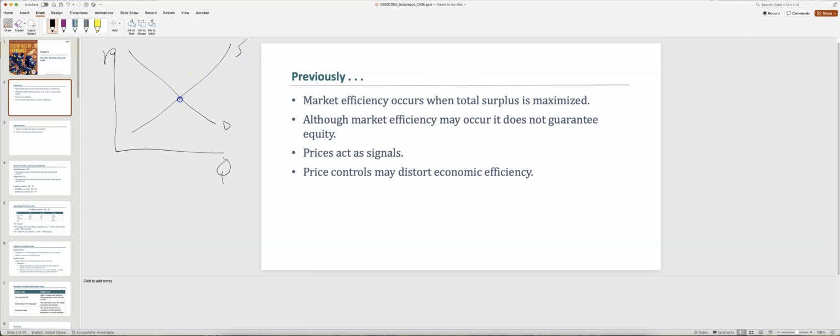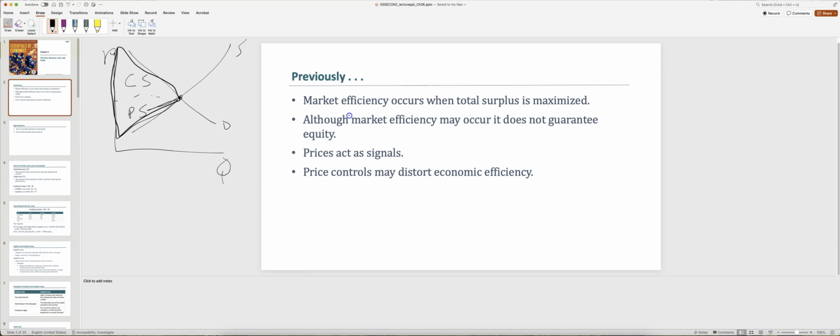that market efficiency occurs at the equilibrium point, and that at that equilibrium point, the area of consumer surplus and producer surplus is maximized, and that the total welfare, which is this larger triangle, that entire triangle, is maximized.